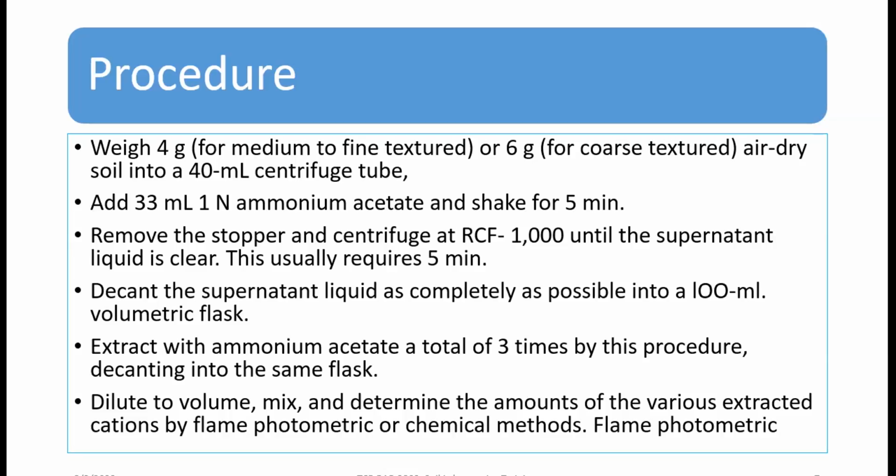Dilute to volume, mix and determine the amount of various extractable cations by flame photometer or chemical methods. After you get the soil extract by ammonium acetate, you run it like the previous procedure, to determine calcium plus magnesium either by titration or by flame, and also sodium and potassium by flame, as usual.